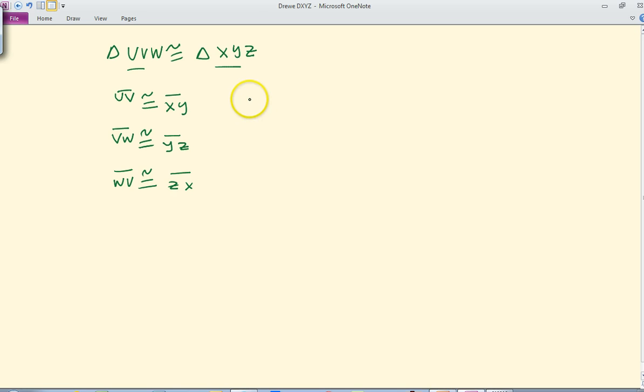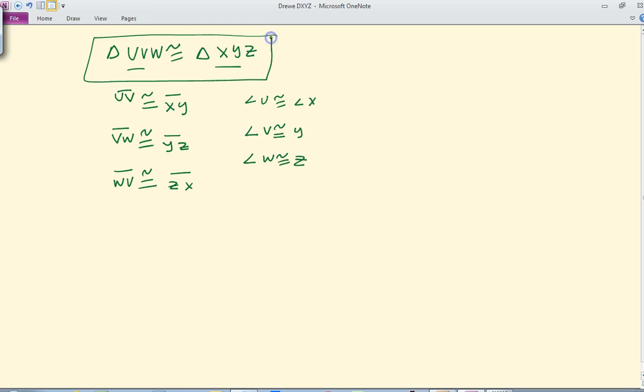We can say that angle U is congruent to angle X. We can say that angle V is congruent to angle Y. We can say that angle W is congruent to angle Z. So we have 6 congruences that we can establish from this one statement.